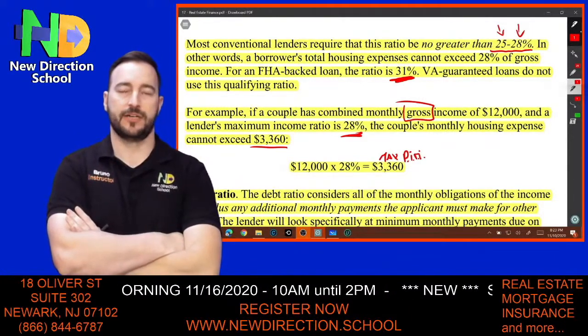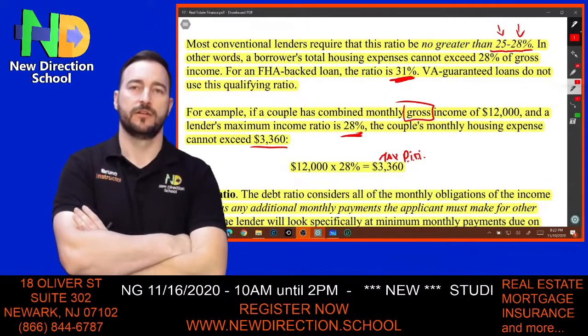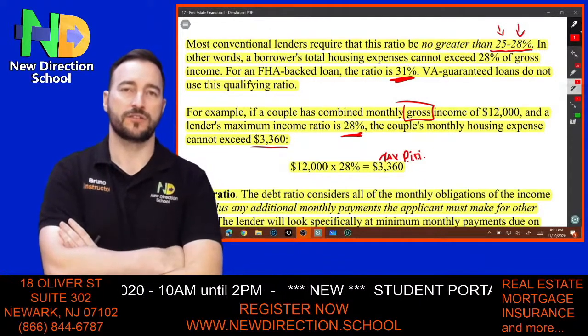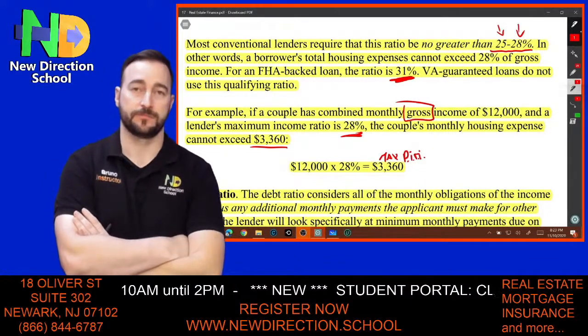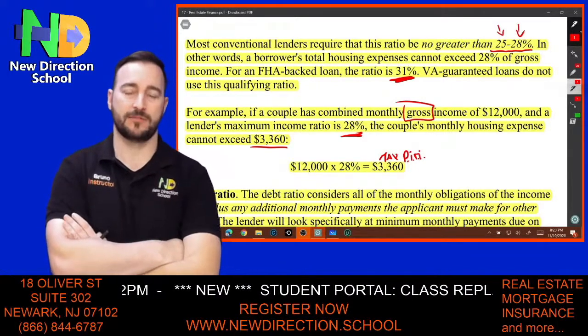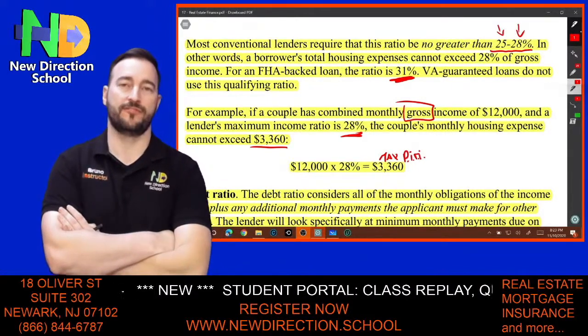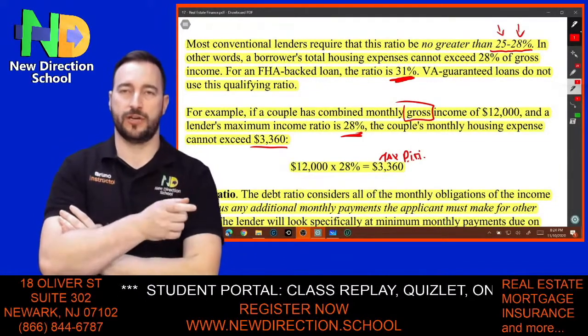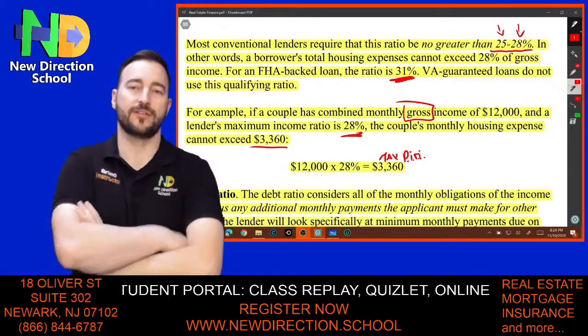They have $600 in car payments, assuming the bank wants a 28-36 qualifying ratio. What is the maximum that they qualify for? Because there's a loan there for the car, we need to use the 36 number.